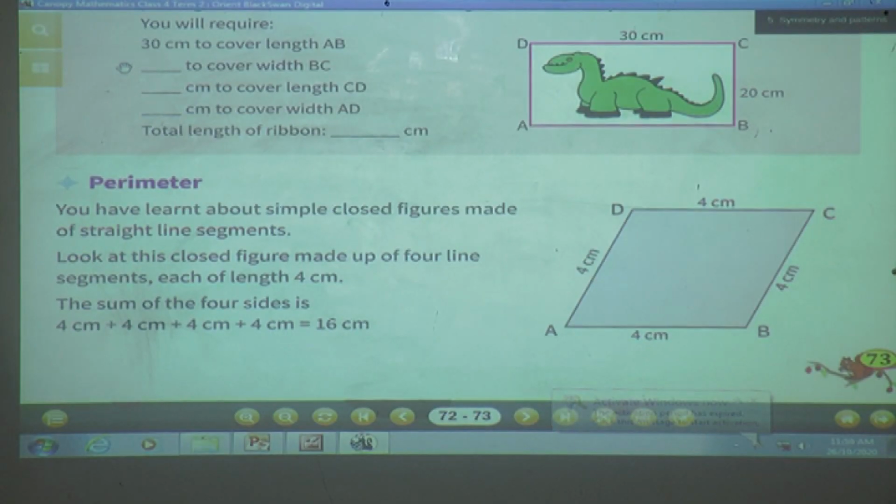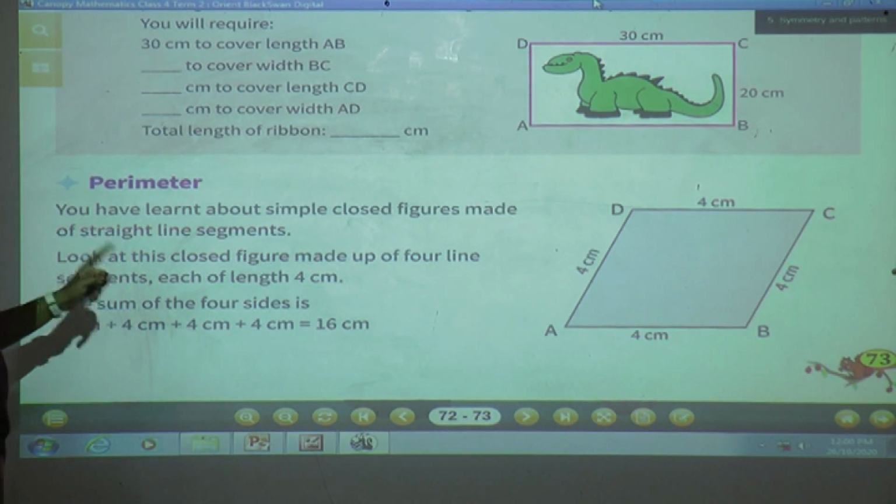See, perimeter is the total distance of all the sides of a closed plane figure. You can also say that it is the sum of the lengths of all the sides of a closed plane figure. You have learned about simple closed figures made of straight line segments.